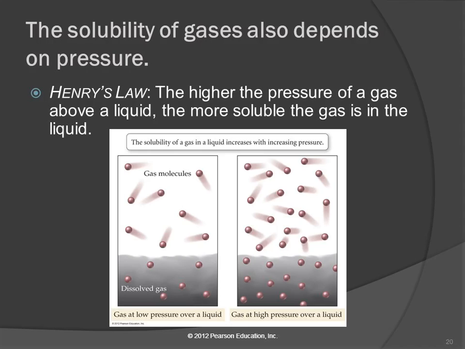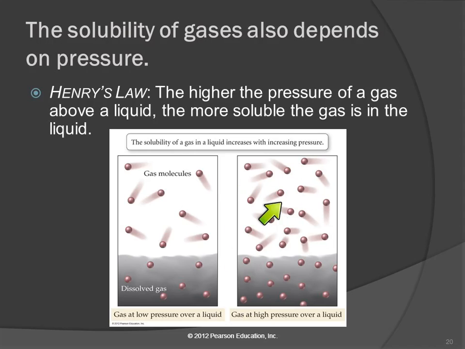The solubility of gases also depends on pressure. And this is called Henry's law. The higher the pressure of a gas above a liquid, the more soluble the gas is in the liquid. So here we have two illustrations: a dissolved gas with a low pressure and a dissolved gas with a high pressure.